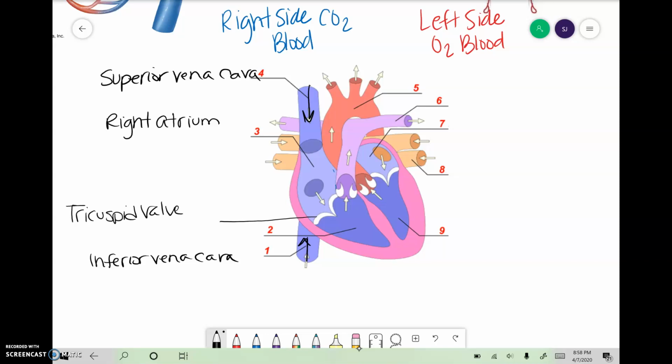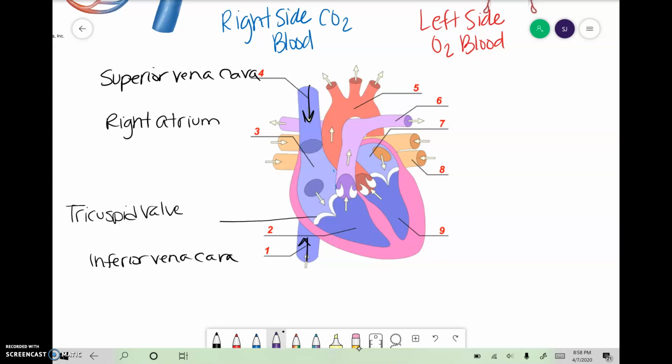Okay, and it's called tricuspid valve because, yes, tri meaning three. This valve actually divides into three sections, and I hate that we're not able to do dissection so that you could see this valve that divides into three sections. So it opens up to let blood in, and it snaps shut when the right atrium is filling with blood.